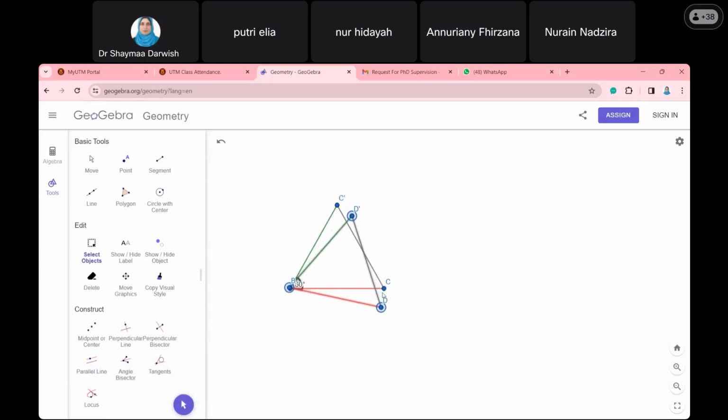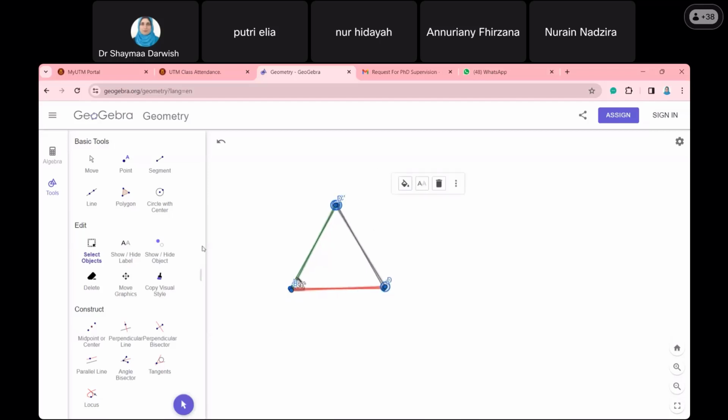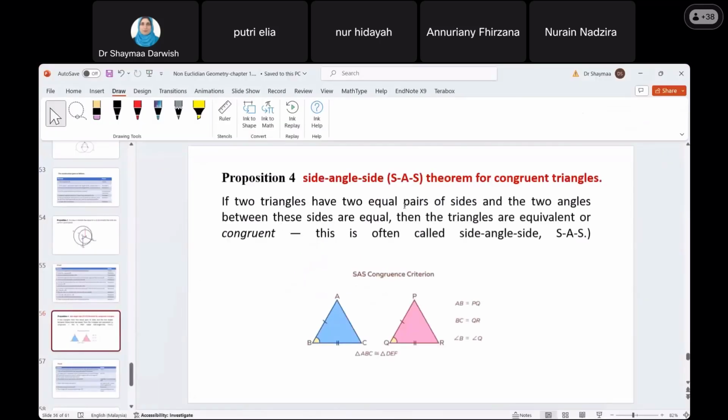Both triangles are exactly the same. So this is the way Euclid proves the second proposition of congruent triangles.